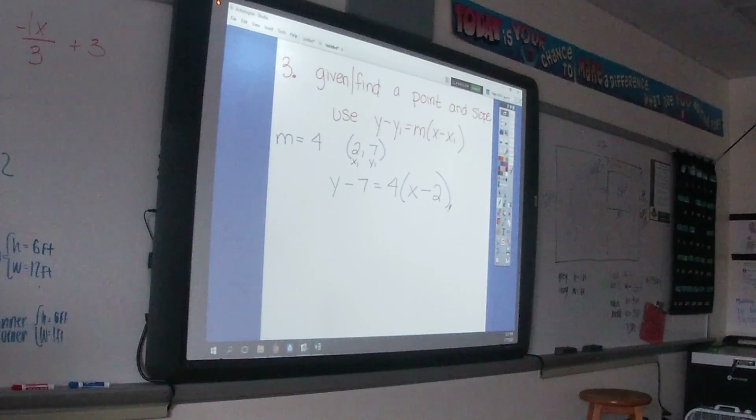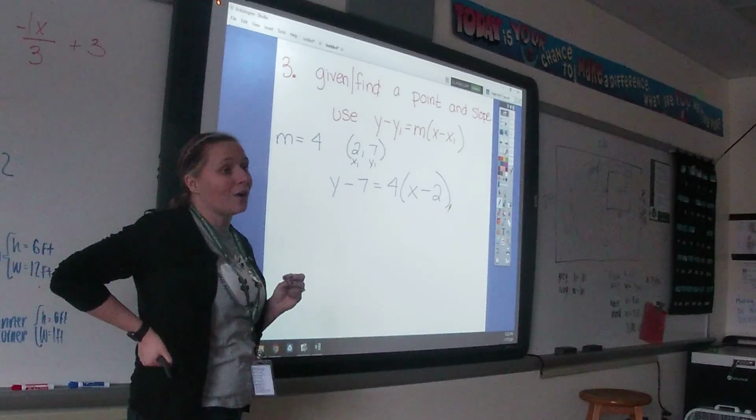That's all fine and dandy, except this one comes with a small dilemma. The small dilemma in this format is that we don't write final answers in point slope form. And my students are like, well, what the heck is the point of point slope form? Point slope form, remember, we needed, because if we didn't have a nice intercept, we needed another option. The problem is, how many points are on a line?